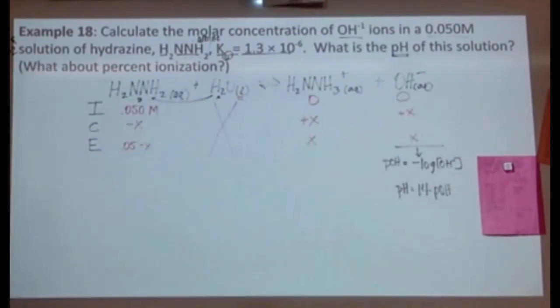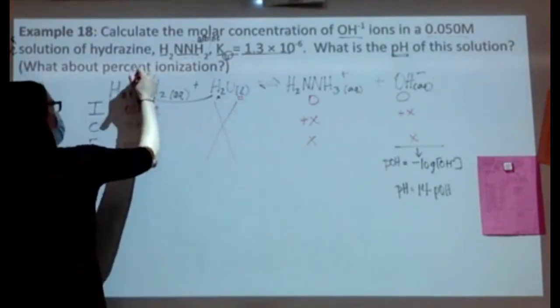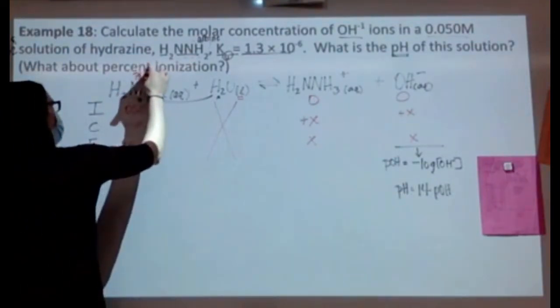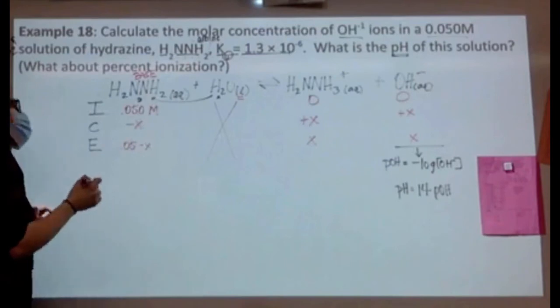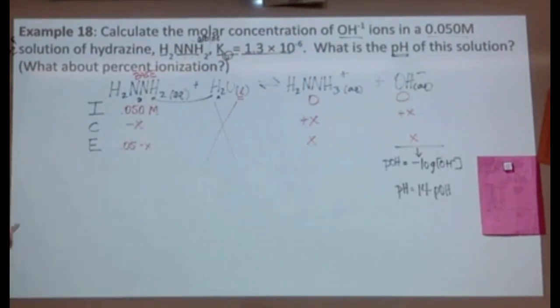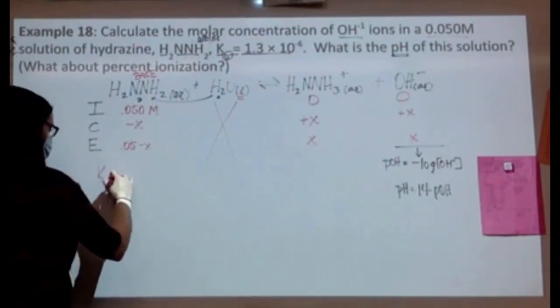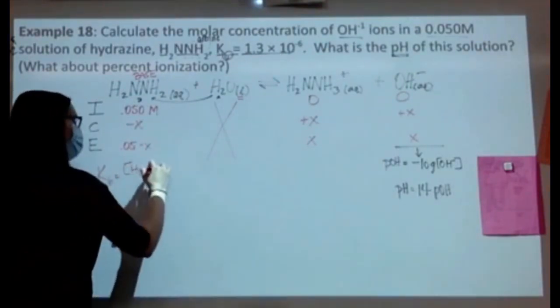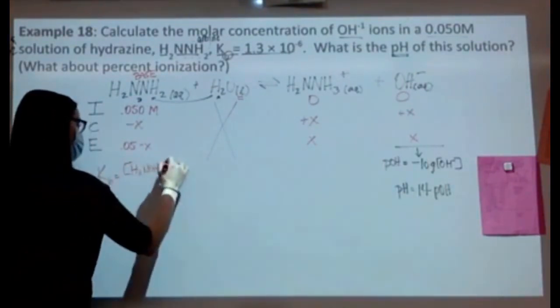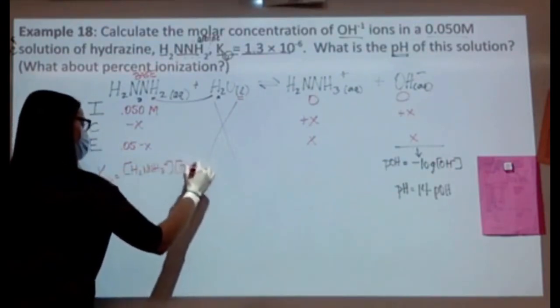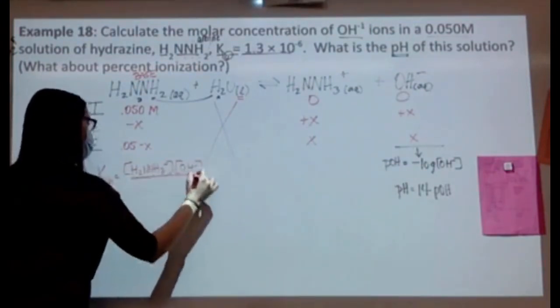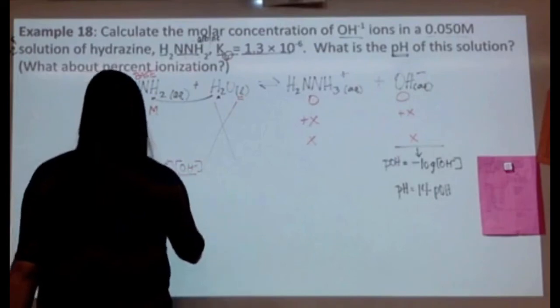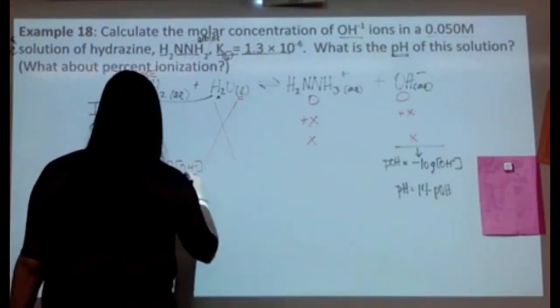Now because this is a base, we're using the Kb expression. And so that is our conjugate acid, H2N NH3 plus, times OH minus, over H2N NH2.